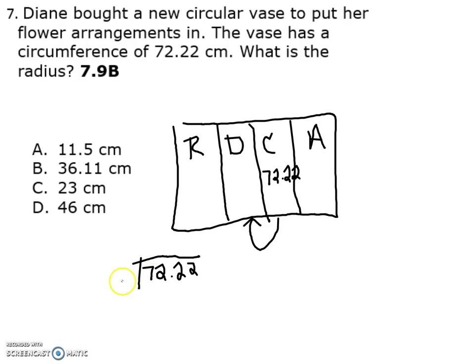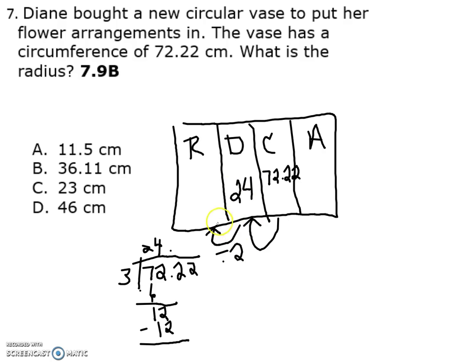When we divide by 3, we go in there 2 times. We can go in there 4 times. And we can stop there because it's just going to keep going. So we'll just round to 24. And then we can say 24 divided by 2 will get me 12.